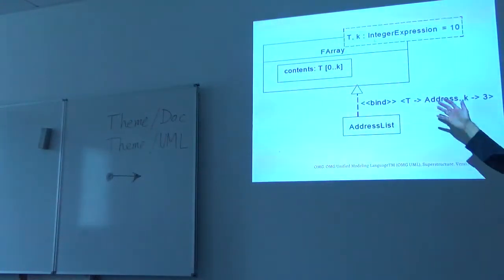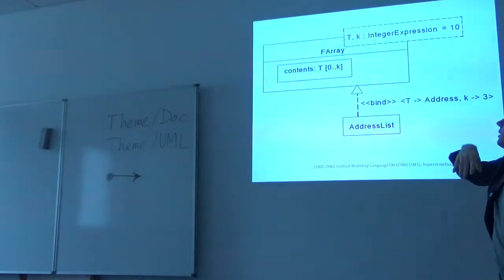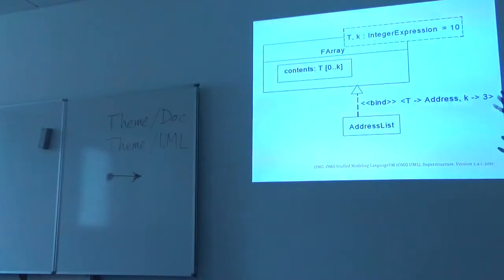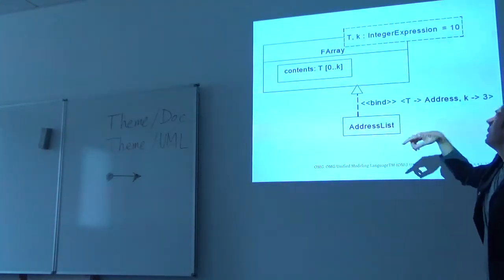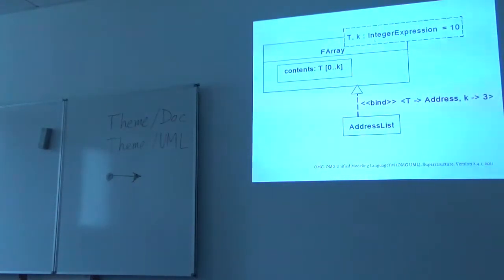So you have here a generic array class that is capable of taking whatever elements, so elements of type T, and it can be an array of any length, so K. And the default value for this is 10. This is a template class.